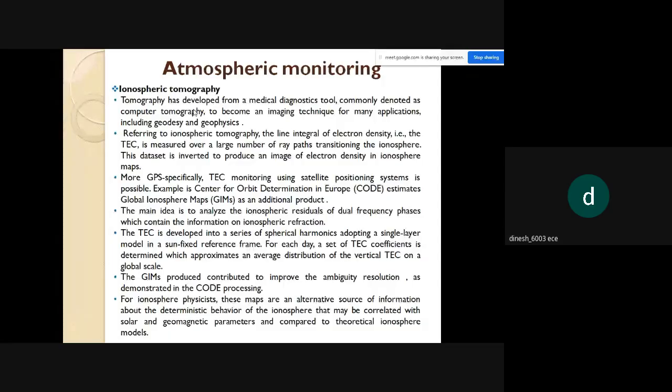So the ionospheric physicists use these data, make iterations, find the solar parameters or the geomagnetic parameters, and give appropriate data for monitoring the changes in the atmosphere.